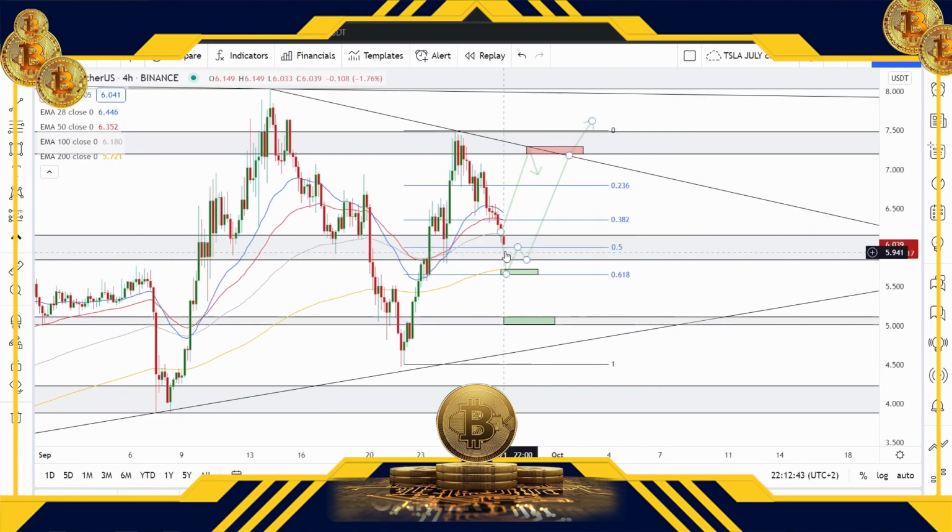What I think is more likely to happen is that the price goes down a little bit more, and that it bounces on the 0.618 and the 200 EMA. And there's also a small key level here, but I haven't drawn it because I don't think it is that significant. So I do think that it breaks through this key level right here, and then it immediately finds enough bullish momentum to at least bounce off of this, possibly to the 0.5 Fibonacci.